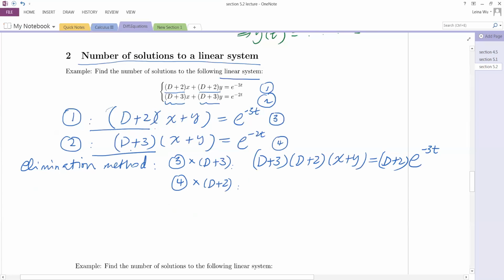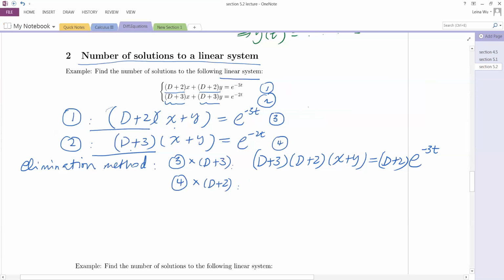Quick question: could you divide equations 1 and 2? Intuitively, you would probably think about dividing by D plus 2, but we cannot divide by a differentiation.